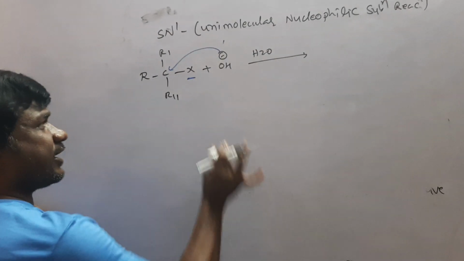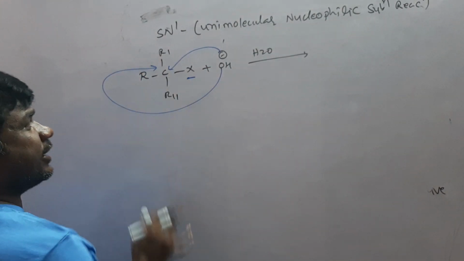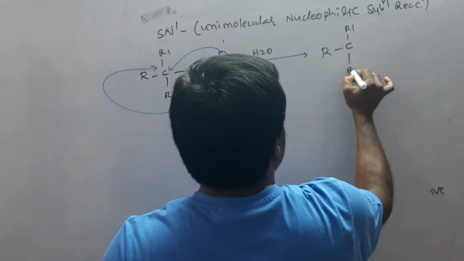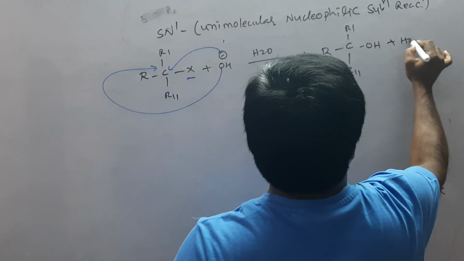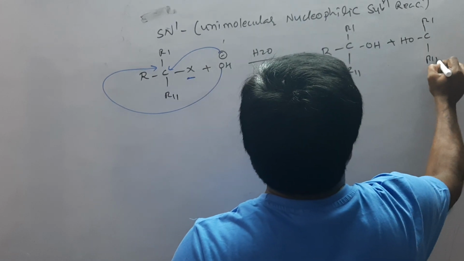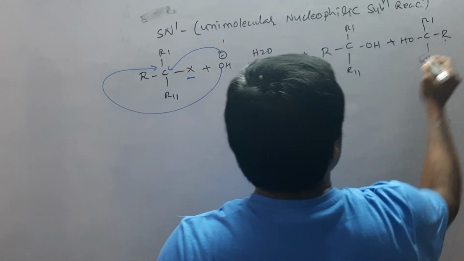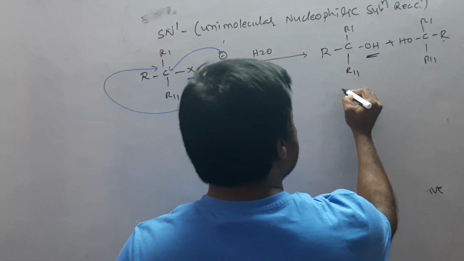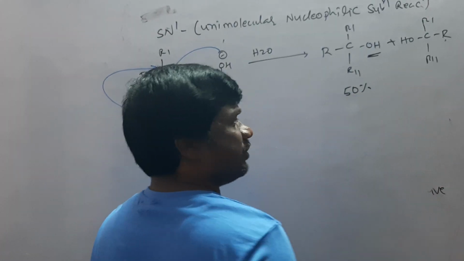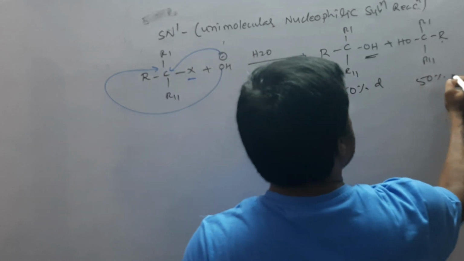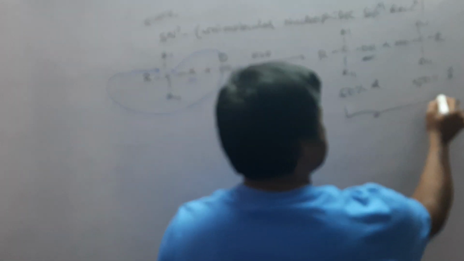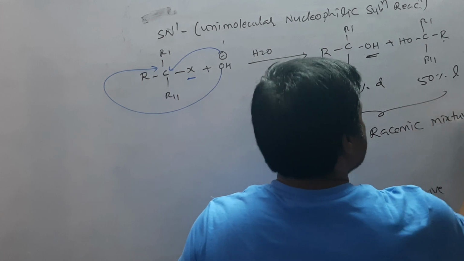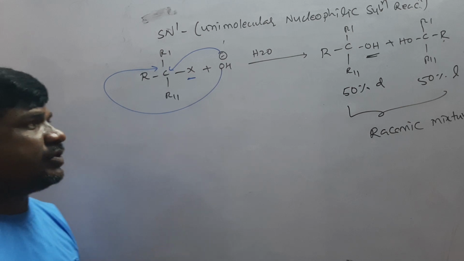One possibility is front side attack, another is back side attack. In the first, OH is on the right side, which we call D; we'll discuss this later in isomerism. It is 50% D and 50% L. Both are in the same percentage, so we call it a racemic mixture.